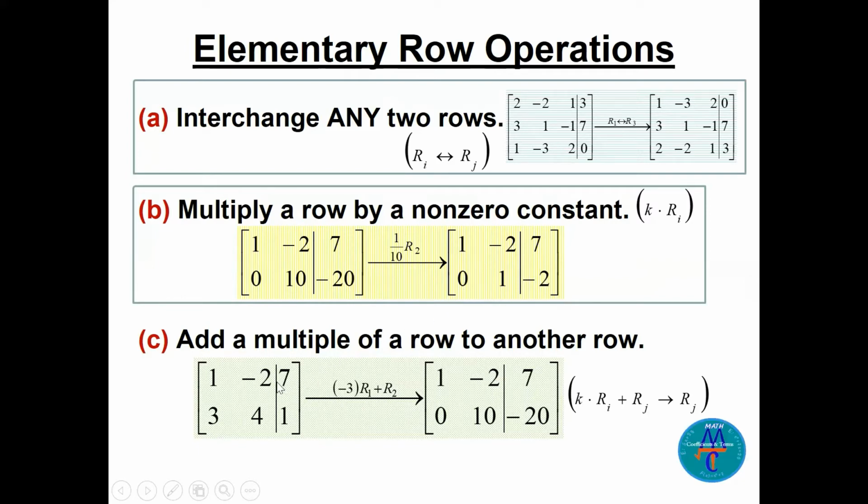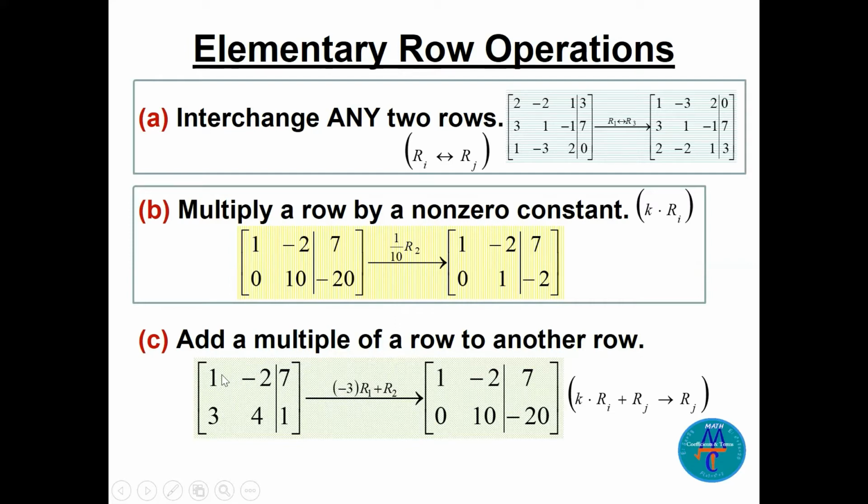And the operation number 3 will be add a multiple. Be careful here. Add a multiple of a row to another row. Now look here, please. 1, minus 2, 7. This is row 1. 3, 4, 1. This is row 2. Add a multiple of a row. So I will take row 1 here. I will multiply it by a number. Let's say minus 3 to make this one 0 here. I multiply minus 3 by the whole row.